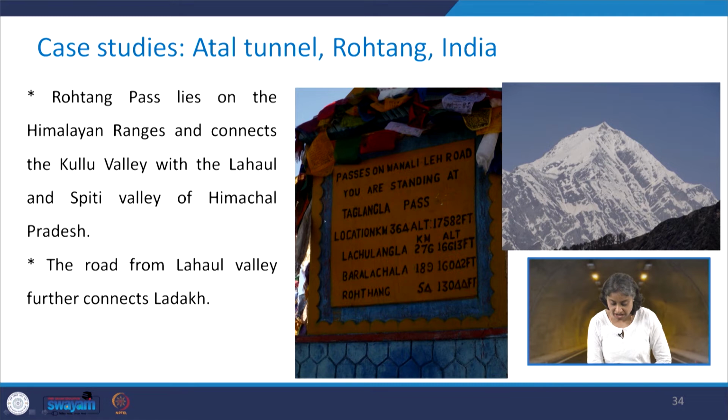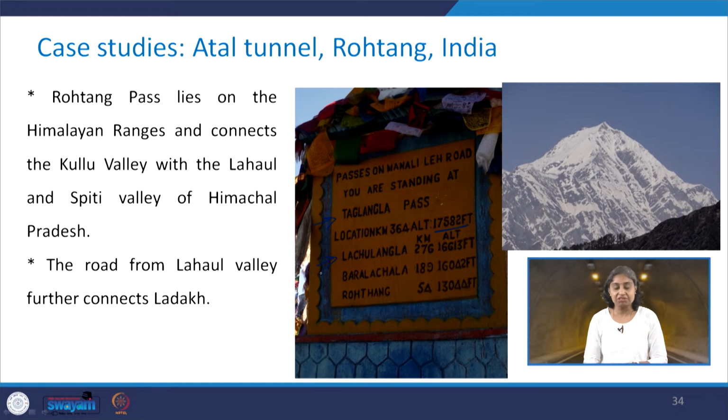So here we are at Tanglangla Pass, and you can see that the altitude is pretty high. It is something like more than 17,000 feet. We have few more passes like Lachungla Pass, which is the second one.